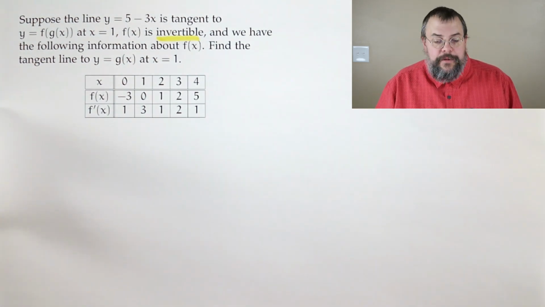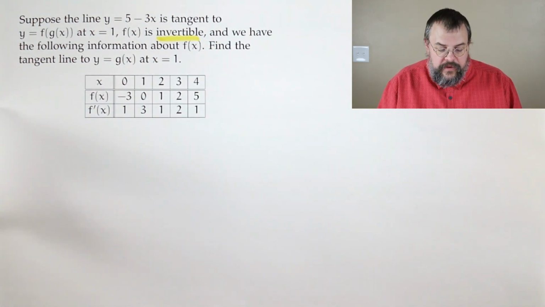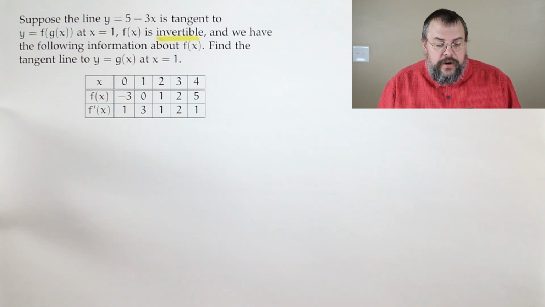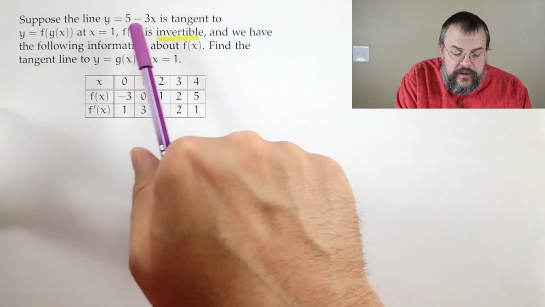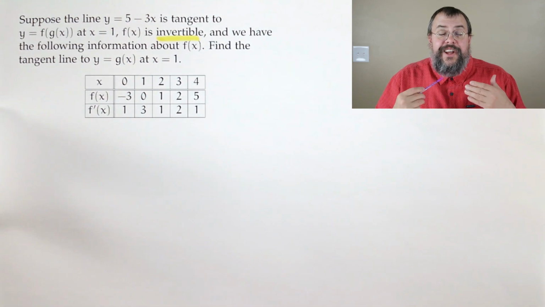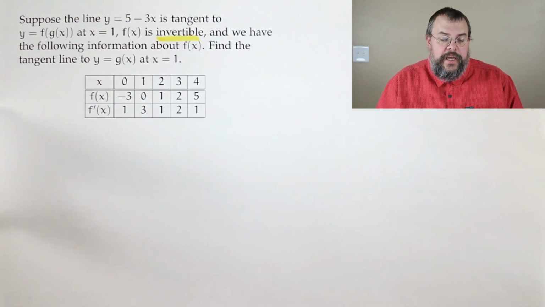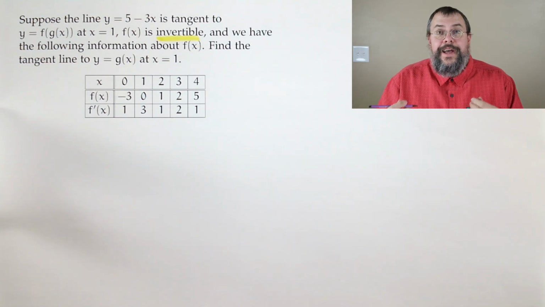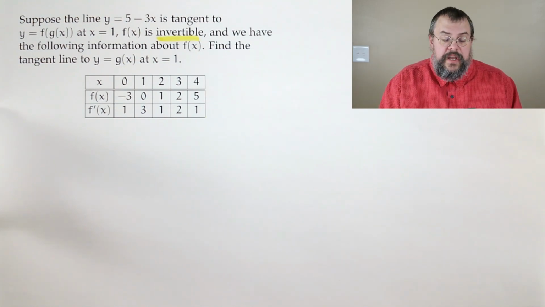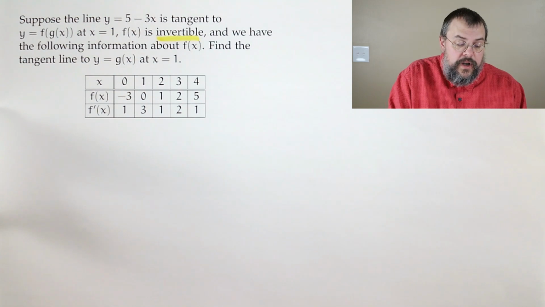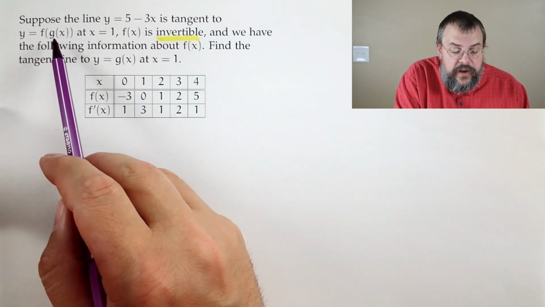Okay, well, how will that come into play? So, what do we know? Well, we know that this line is a tangent line. Whenever you have a tangent line, that means we have information. In particular, we understand what the function is at 1 and what the derivative is at 1. Now, what's our function? Well, our function is f of g of x.